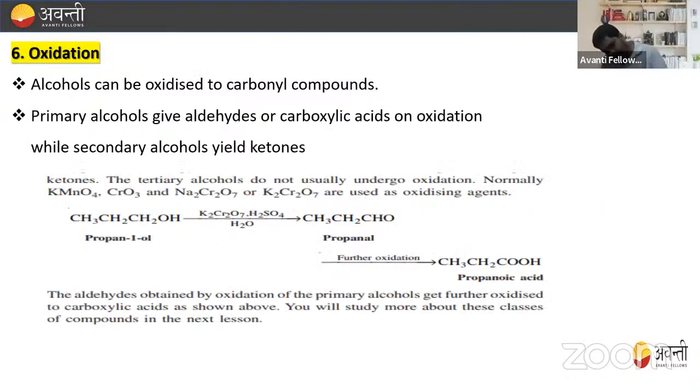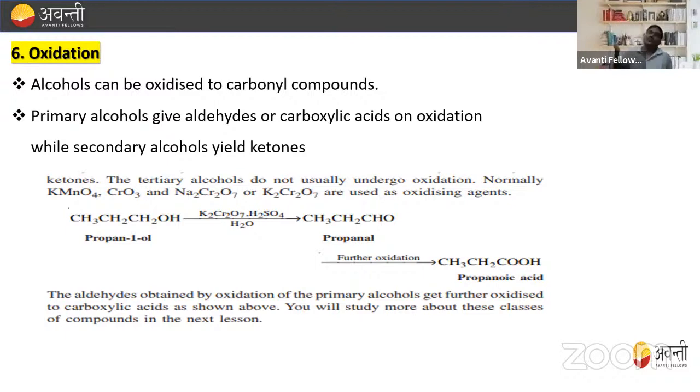The next important thing is oxidation. How does oxidation take place? Alcohol can be oxidized to carbonyl compounds: primary alcohol gives aldehyde or carboxylic acid, and secondary alcohol gives ketone.